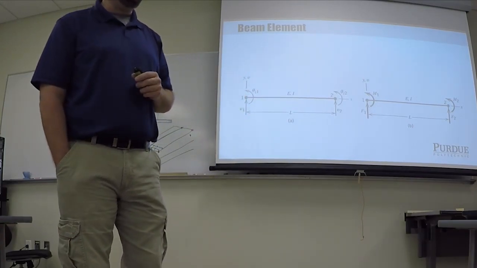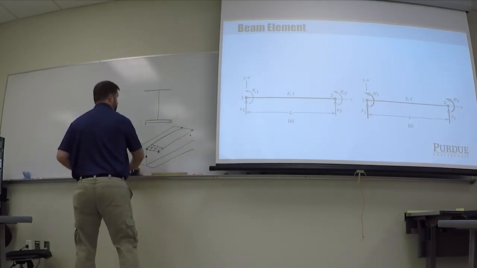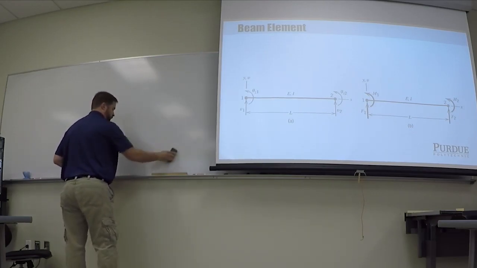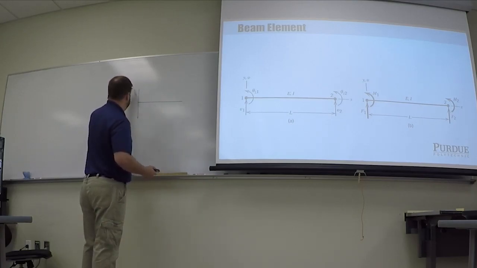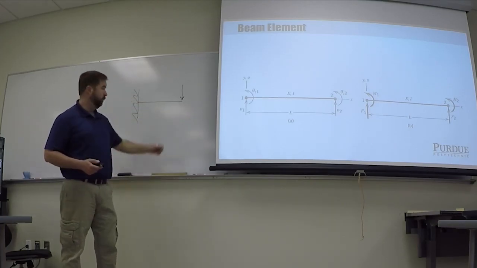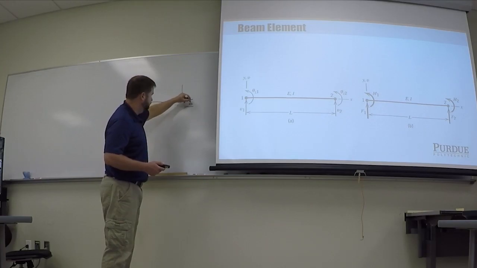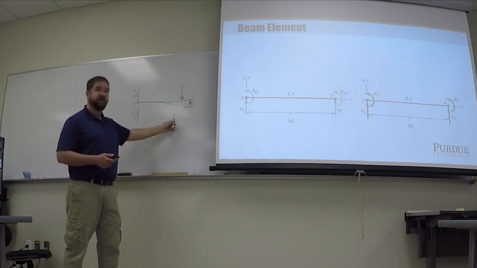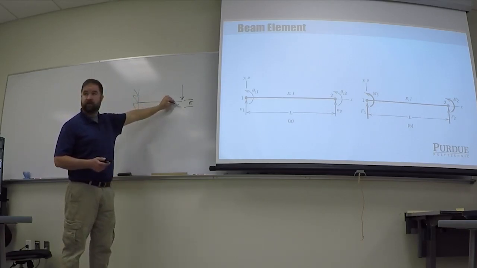For beam elements, we have to have those rotations involved too, because think about a simple cantilever beam. I put a force down, we're going to have a displacement down here at the end, right? We're going to have a displacement delta. What else happens to this beam? It rotates a little bit, right?